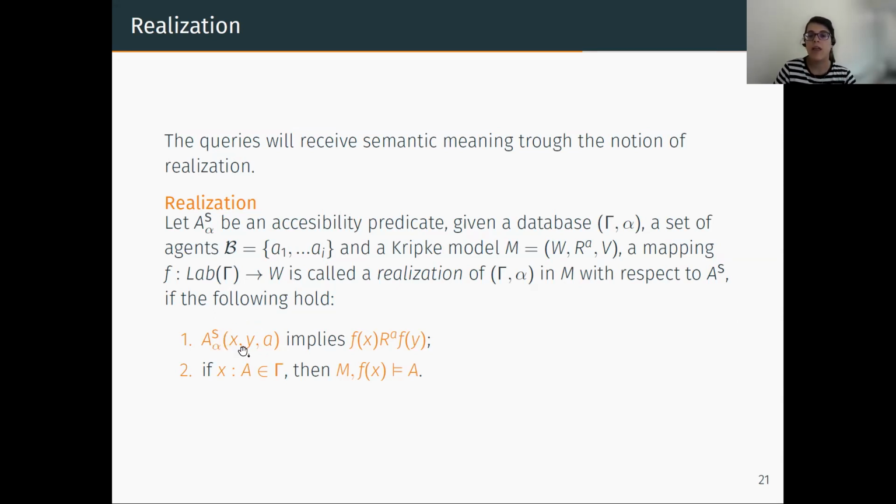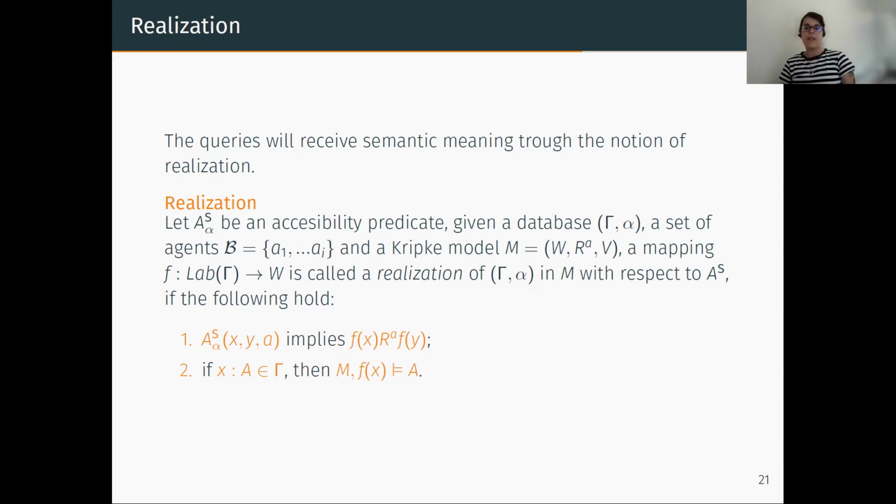If we have two labels linked regarding an agent in the scope of our accessibility predicate, then the worlds that are mapped by these labels are also related. We're basically saying the relation holds for the model.